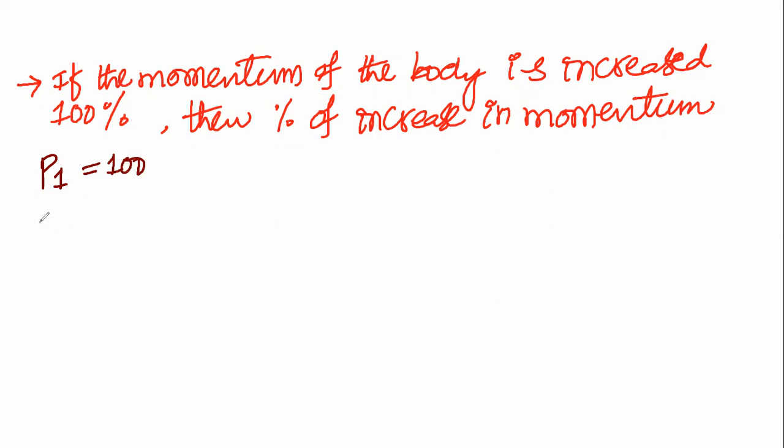So 100% extra is added. P2 is taken as 100%.